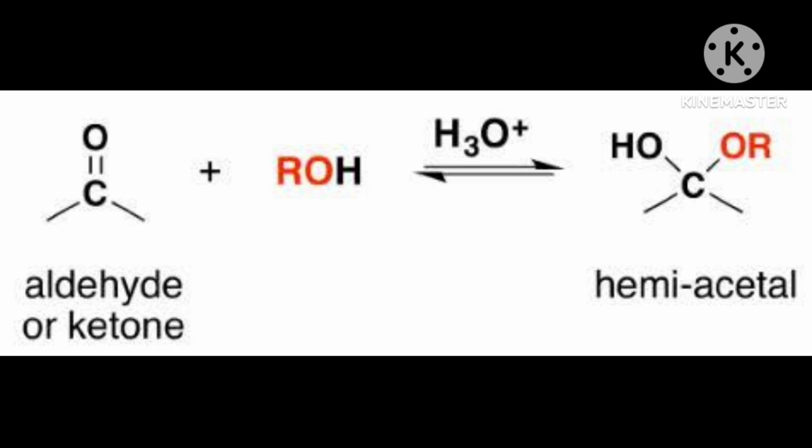Now the second step, suppose R-OH is there. Then what will happen to this? There is nothing new, that OH is there. In hemiacetal, OH is there. This OH is attached to the carbon.